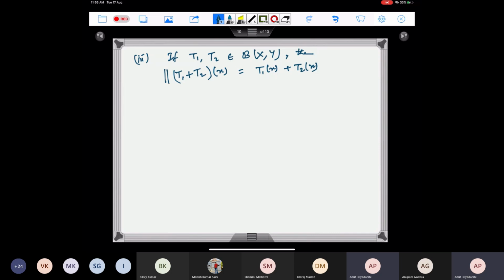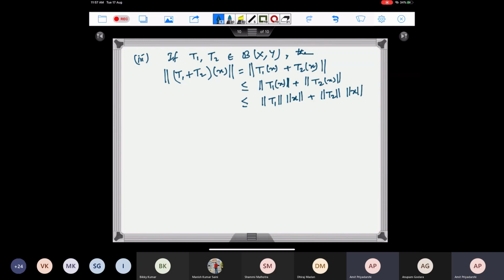So norm of T1 plus T2 of x is norm of T1x plus T2x, which is less than or equal to norm T1x plus norm T2x, and this is less than or equal to norm of T1 times norm x plus norm T2 times norm x.